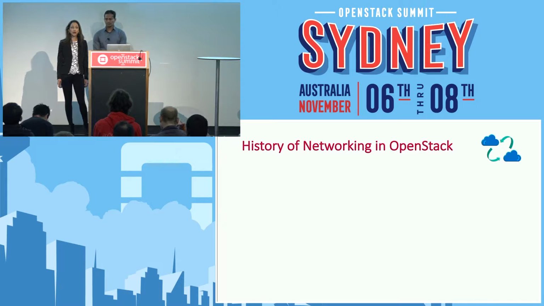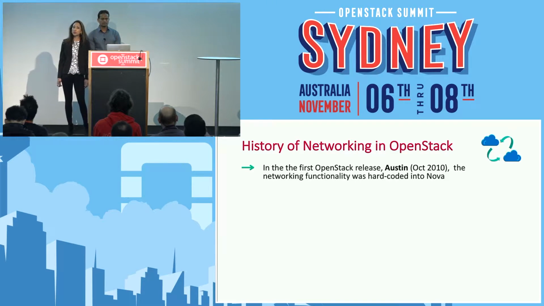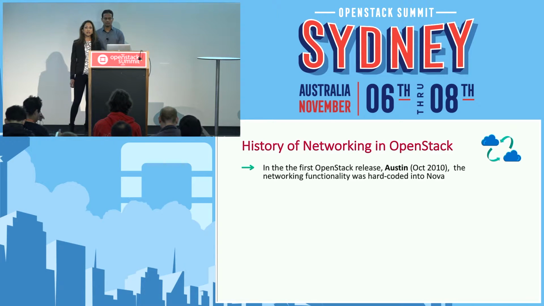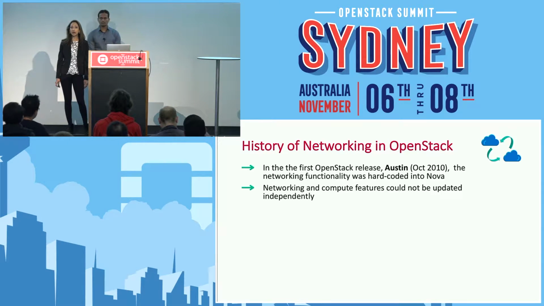So let's move on. Let's first look at the history of networking in OpenStack. When OpenStack started out in the very first release, which was the Austin release in 2010, the networking functionality was actually hard-coded into the compute service, Nova. This, of course, made it really hard to independently evolve the compute and networking features.